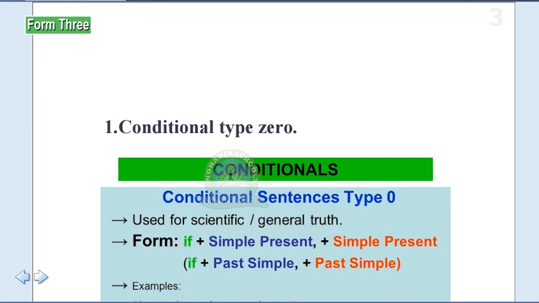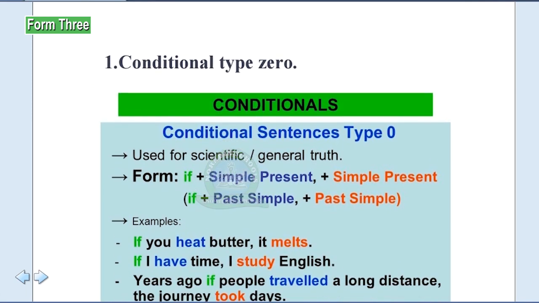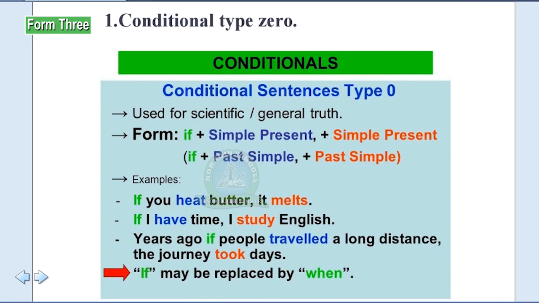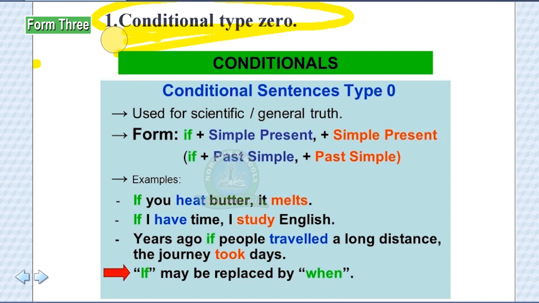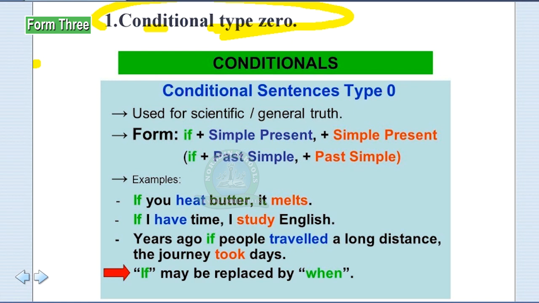This is conditional type 0. Conditional type 0 is used for scientific general truth.